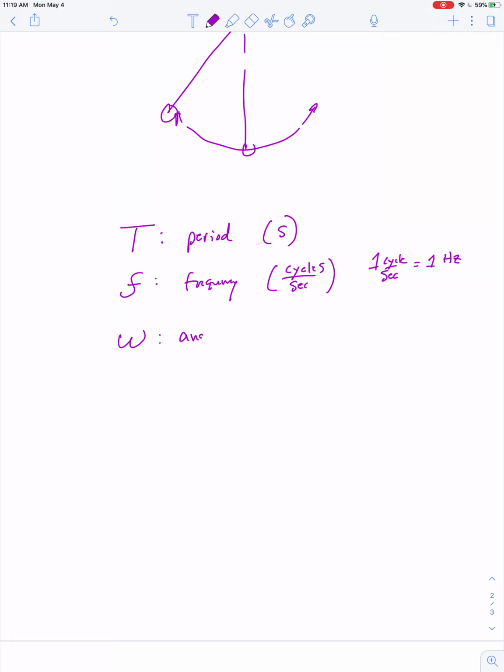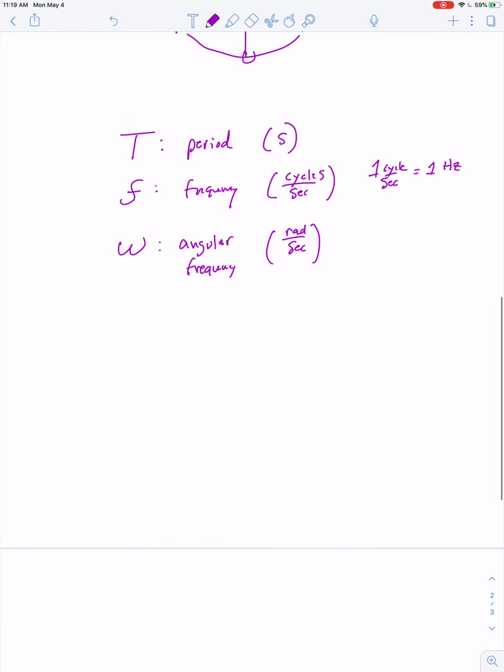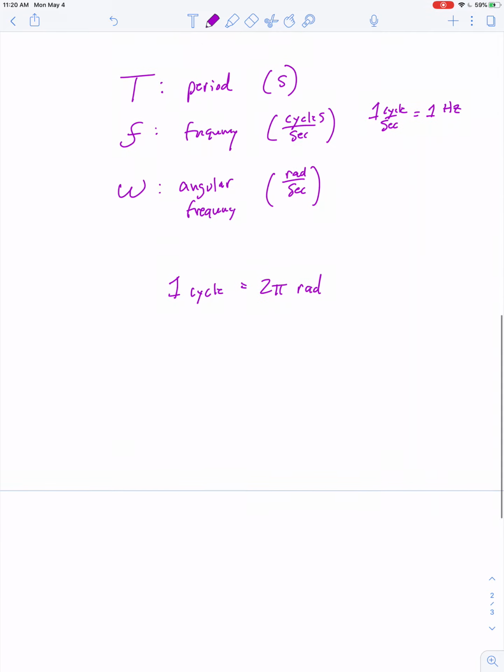Omega is angular frequency, and its units aren't cycles per second, but rather radians per second. And there's no special nickname to that. A radian per second is just called a radian per second. But we know that for every cycle, there are 2 pi radians. And so there's a relationship between angular frequency and traditional frequency.